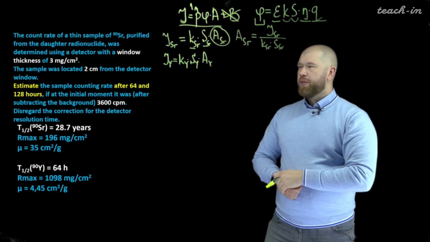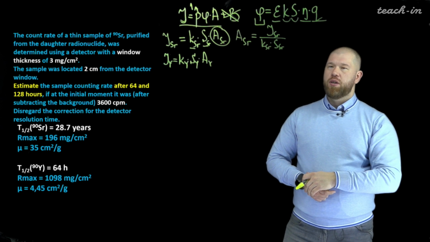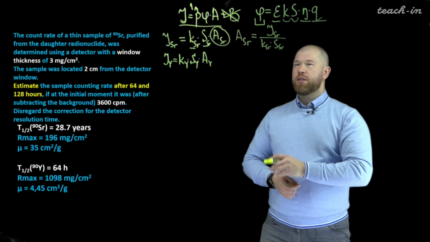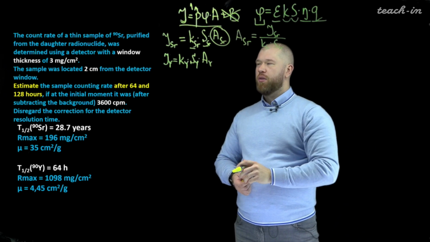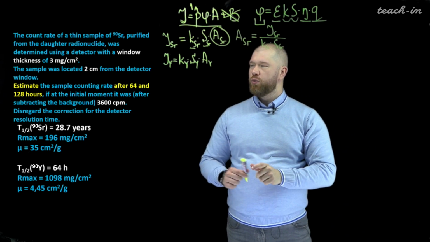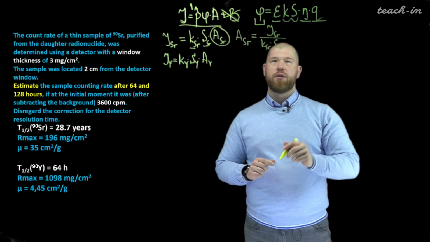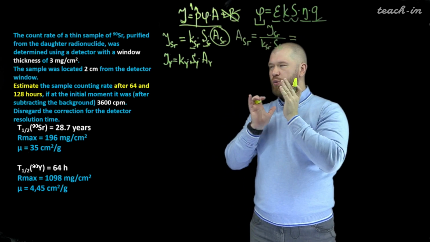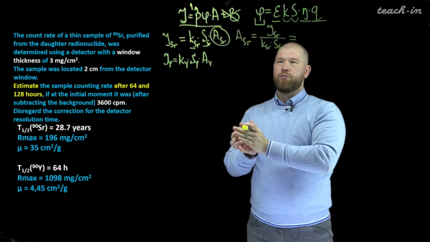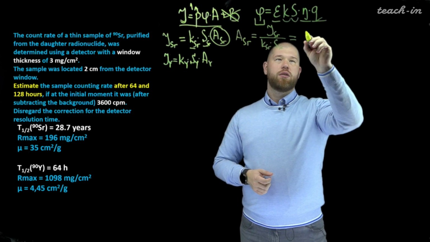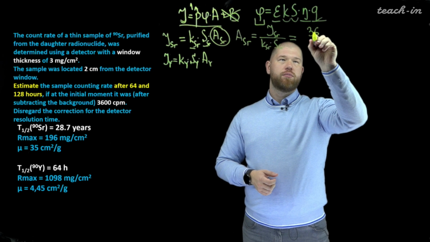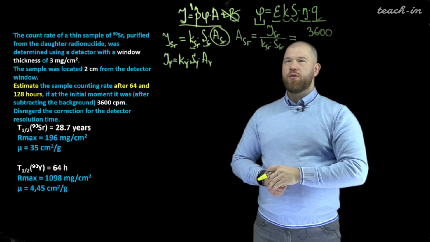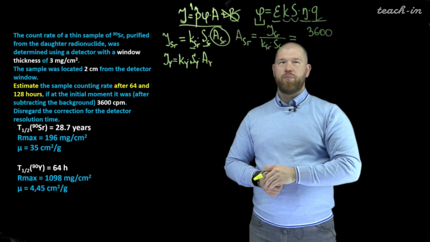We know that initially there was no yttrium in the system. Thus, this count rate of the sample, equal to 3600 CPM, is the count rate attributed only to strontium. Thus, we can take this number to calculate the activity of strontium.